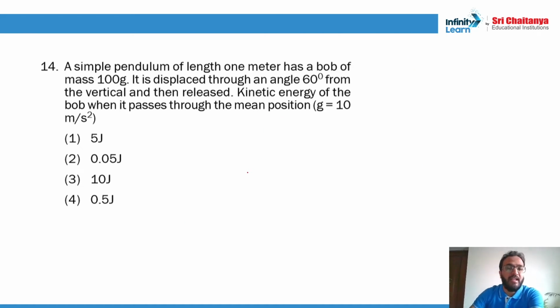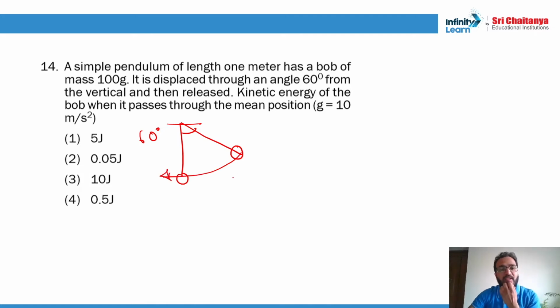A simple pendulum of length 1 meter has a bob of mass 100 g. It is displaced through an angle of 60 degrees and then released. Kinetic energy of the bob when it passes the mean position? Very simple. When it passes here, the complete potential energy is converted into kinetic energy. We just need to figure out what this potential energy is.